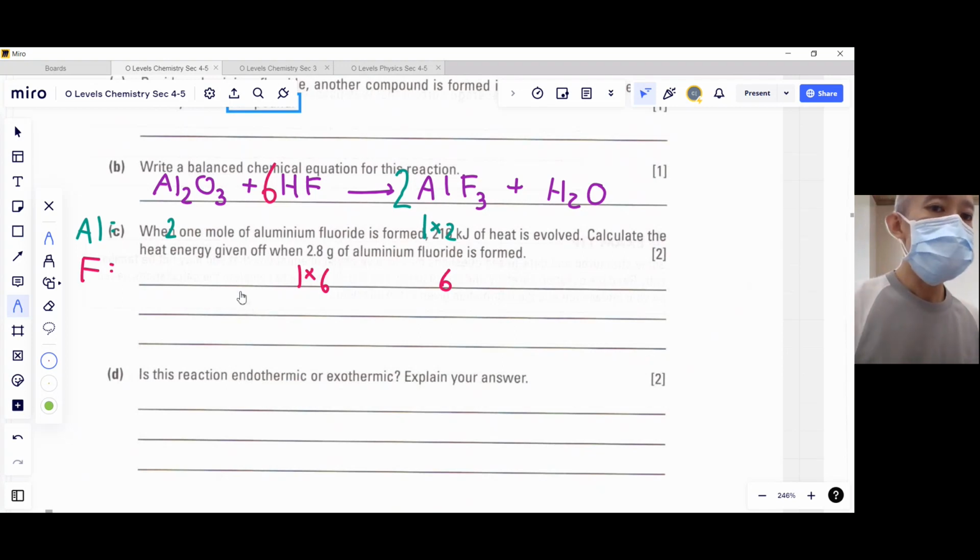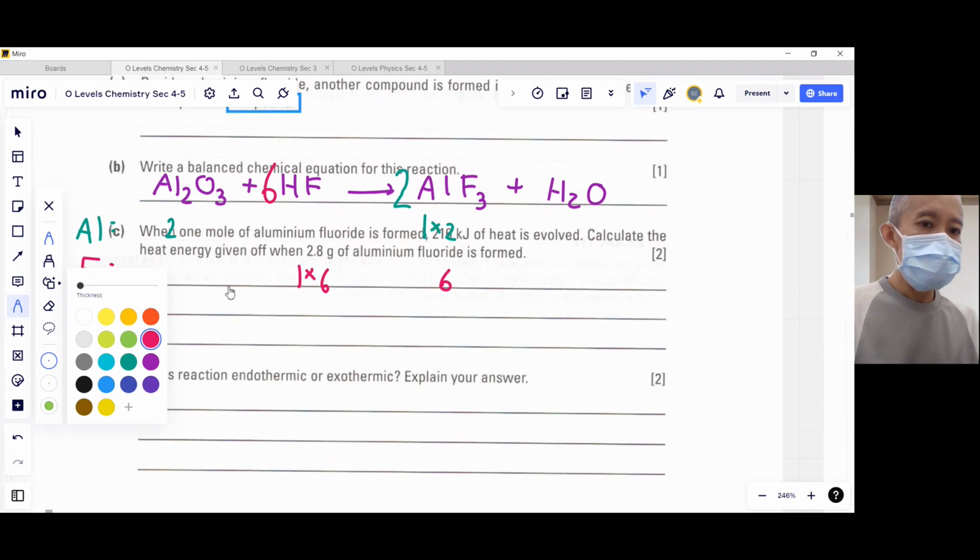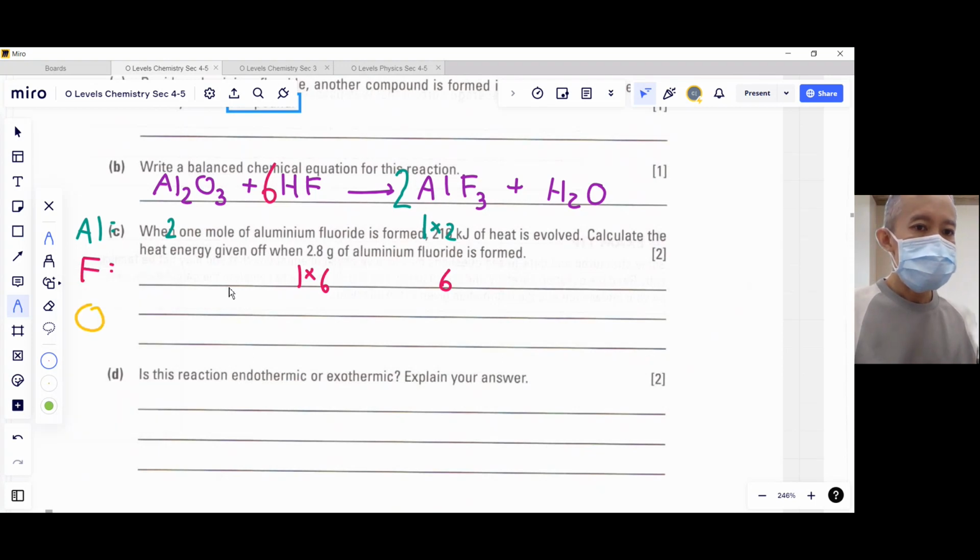Next, what do I want to balance? Up to you, oxygen or hydrogen? Up to you, but I normally prefer oxygen. So let's look at oxygen. How many on the left, Charlotte? On the right? 1 only. So times 3.